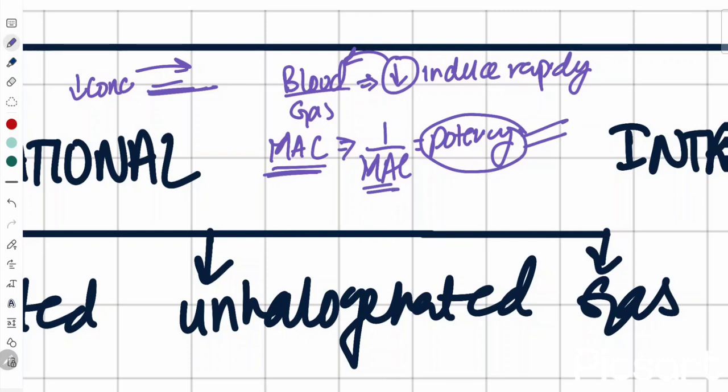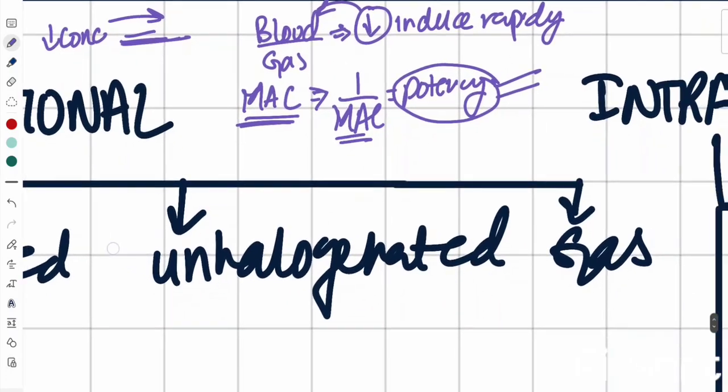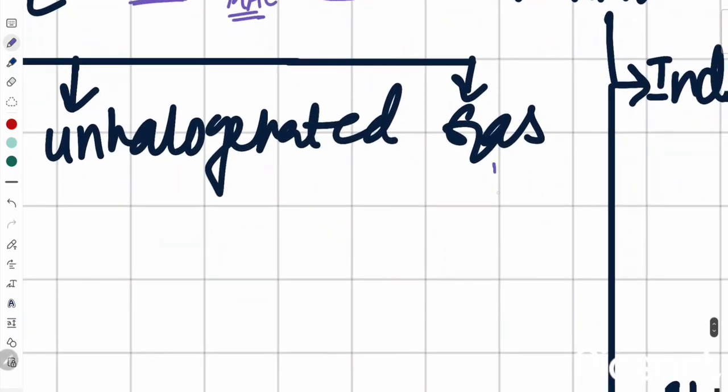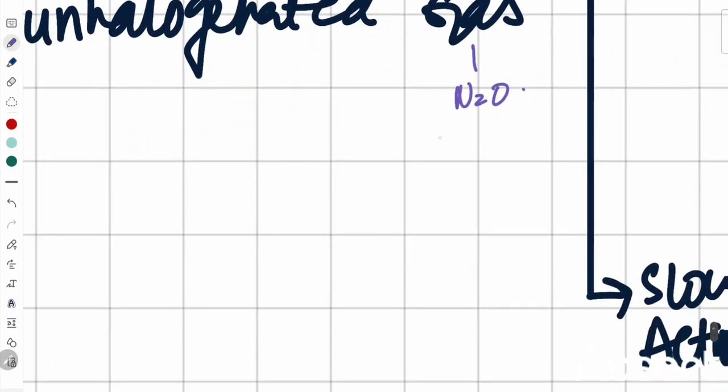Now, for example, we have nitrous oxide, that is basically a gas. Nitrous oxide has a low blood gas ratio, or blood solubility, and it also has a very low lipid solubility.